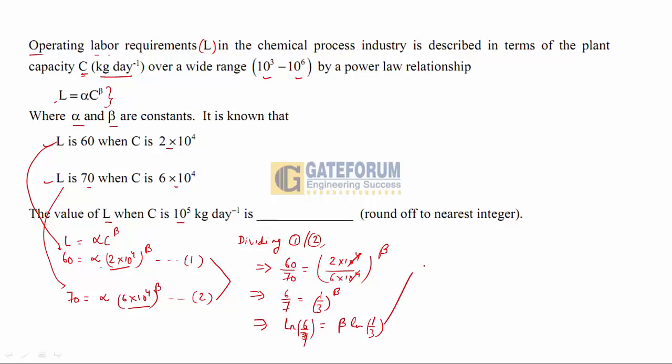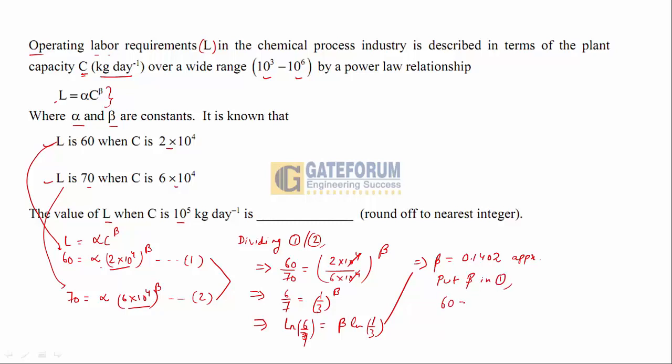After putting the values in the calculator, what you will get is beta will come around 0.1402 approximately. So we have calculated beta. Now we have to put this value of beta in any of the equations, be it 1 or 2. Let me put beta in 1.